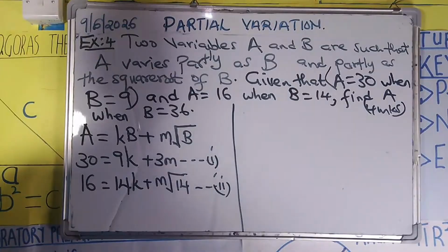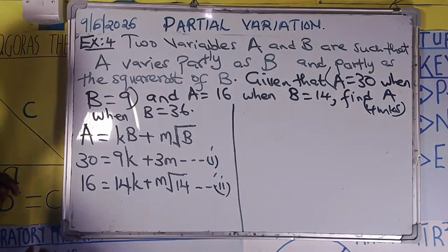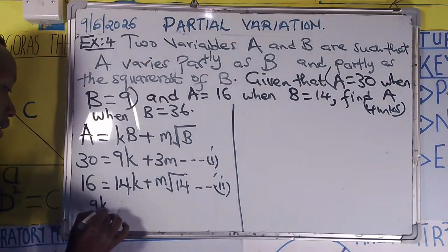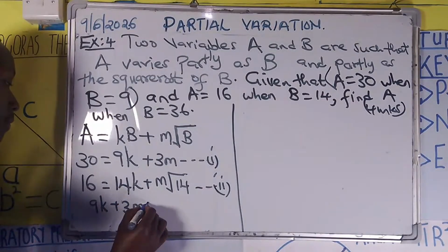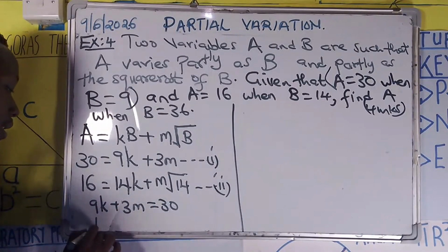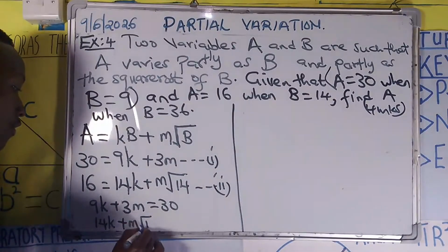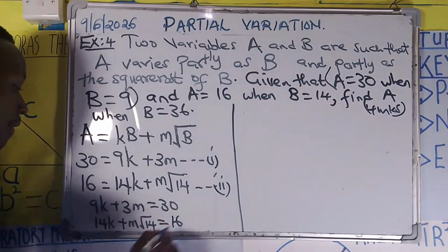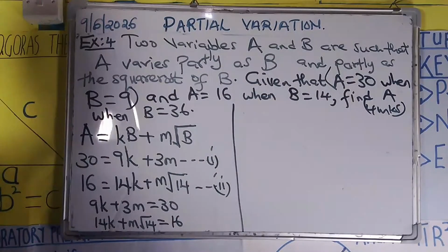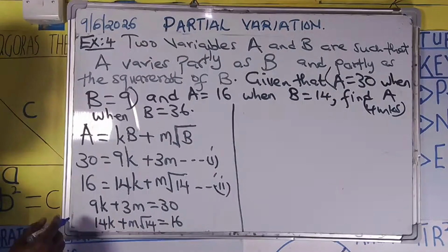So we can now determine the values of k and m, which are our constants of proportionality, and have 9k plus 3m equal to 30, and 14k plus m root 14 equals 16.